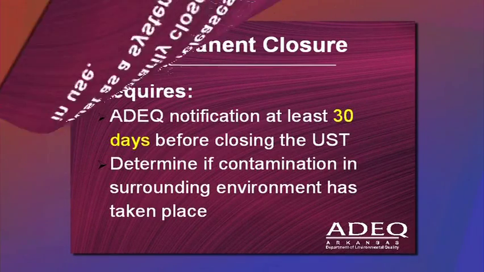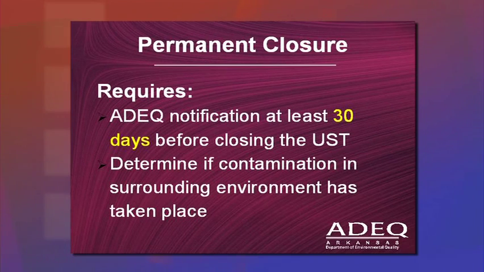If you're going to permanently close your facility, you have to notify us at least 30 days prior to the permanent closing. Then you have to determine if any contamination of the surrounding environment has taken place at your facility.